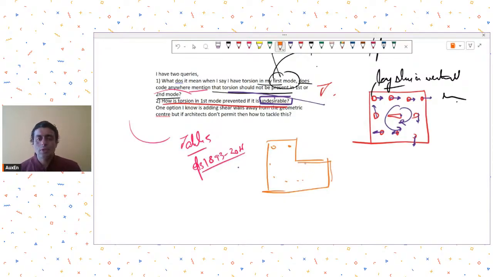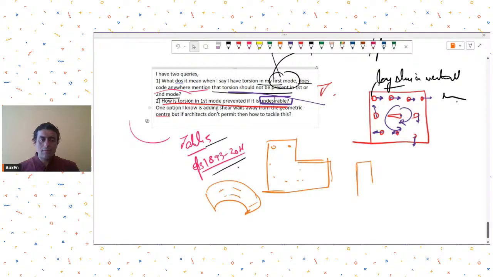Understood? If your building shape is this, or maybe some curve shape like this, it will be very difficult and almost next to impossible to remove the plan torsion effects. So you can manage your configuration in such a way that the plan torsion effects are within limits, and those limits are given in table 5 of 1893 part 1, 2016.